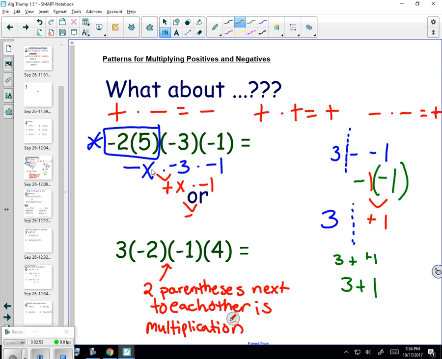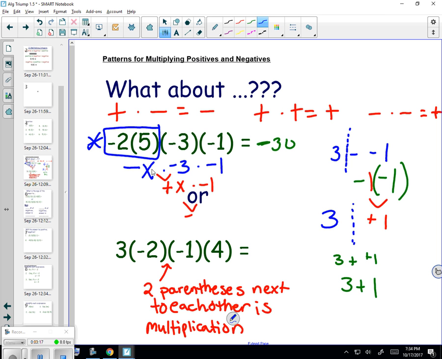Now it doesn't matter what the number is. Our answer is negative. It is negative something. If we did the math, 2 times 5 is 10, times 3 is 30, times 1 is still 30. It'd be negative 30. Again, right now I don't care about what the answer is. Just can you tell me if it's positive or negative?